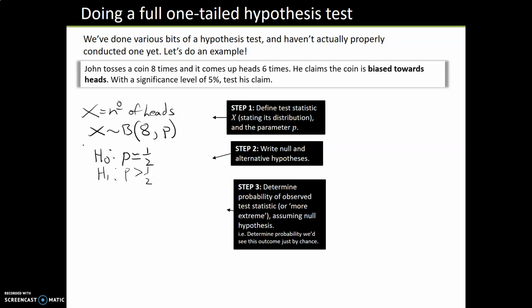So that's step 2. Step 3 is to determine the p-value. The p-value, if you remember, is the probability of getting the test statistic you observe, which in this case is 6 heads, or something more extreme. Remember, the reason we do that is because there are lots of different possible outcomes, so you need to account for the results you get, or things that would constitute even stronger evidence.